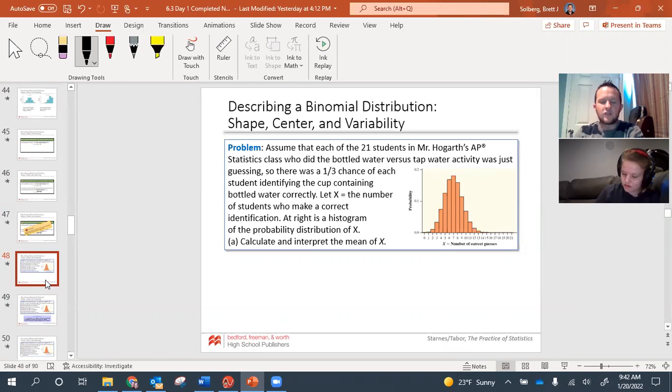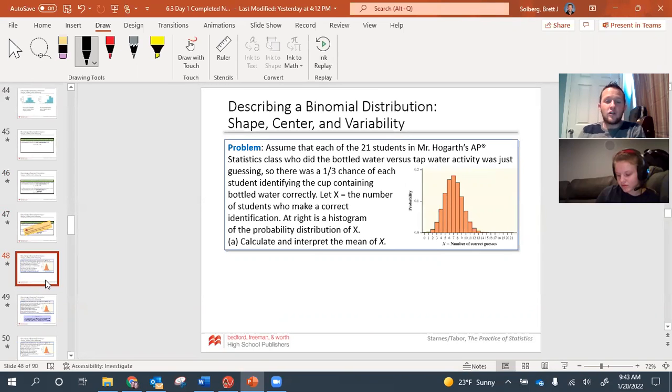Do you remember when we did this with the Dr Pepper, and we were seeing if we could tell the difference between diet and regular Dr Pepper? This class did an activity where they were doing a challenge to see if they could correctly identify the difference between bottled water and tap water, okay?